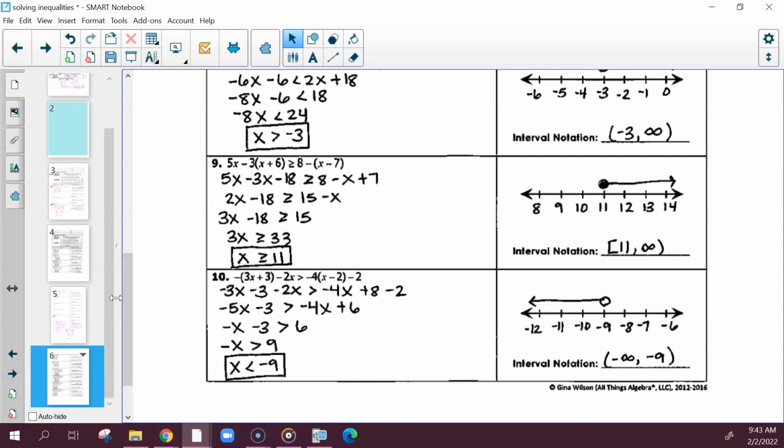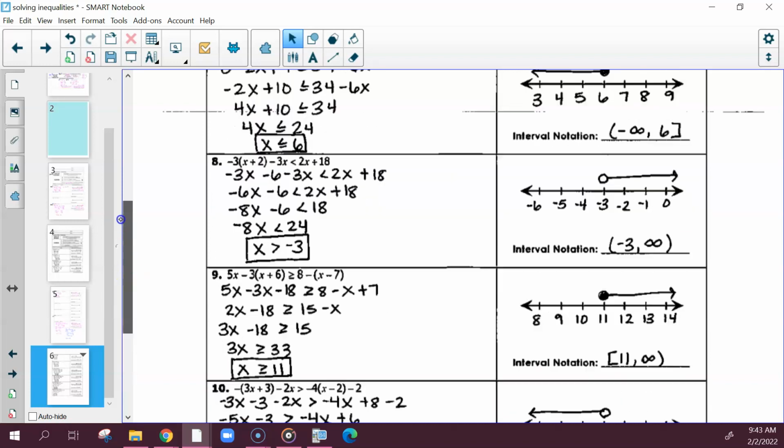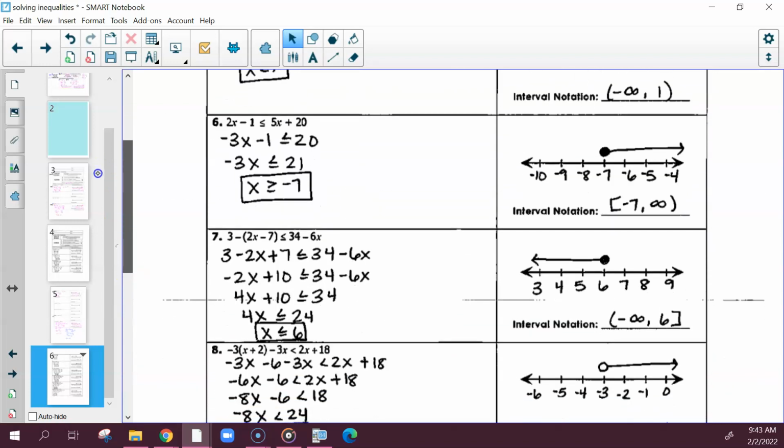With the last little bit of time we have, we're going to jump to the word problems. 5 we did together, but here's 6.